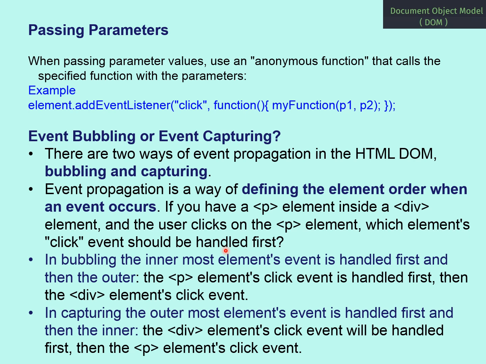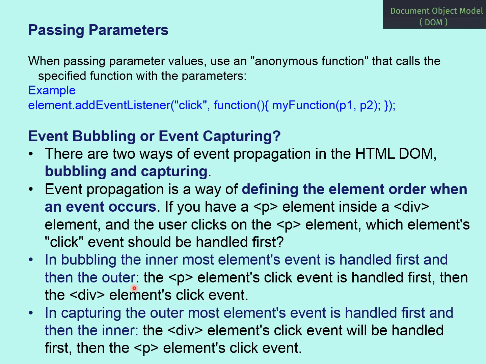We can set event propagation in two ways, either bubbling or capturing. We will see what is bubbling. In bubbling, the innermost element's event is handled first and then the outer. The div is the outer element, and inside the div we have a p.